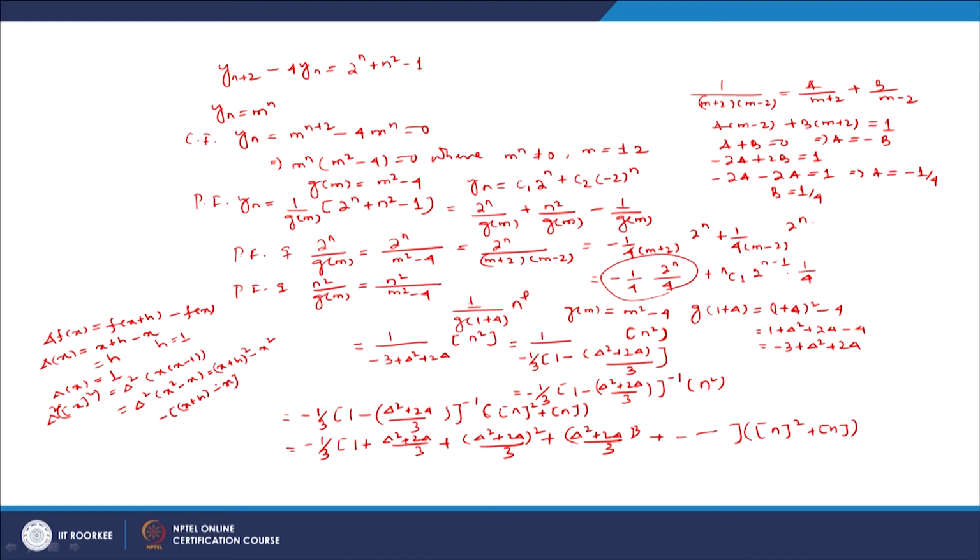If you expand this (x plus h) square, it can be written as x square plus h square plus 2xh minus x square. So, x square will cancel out, and x minus x will cancel out, so minus h will be there.